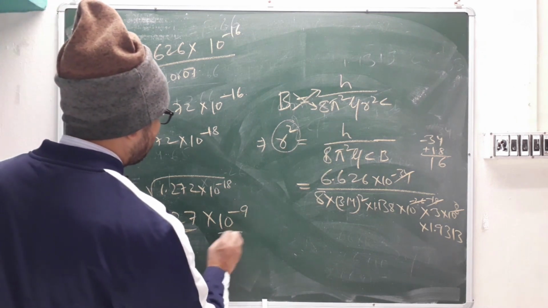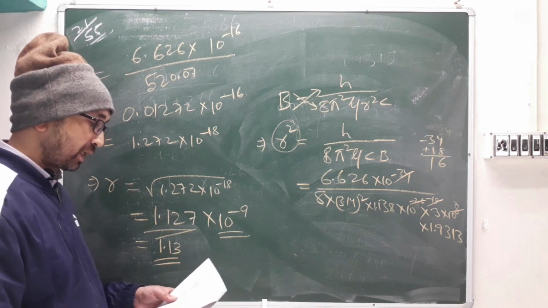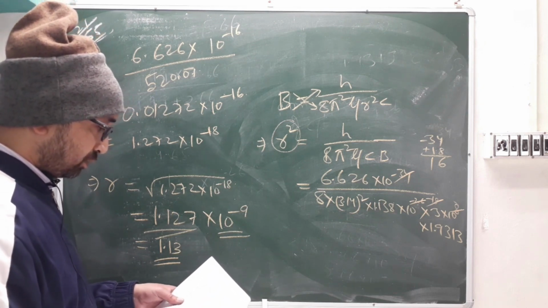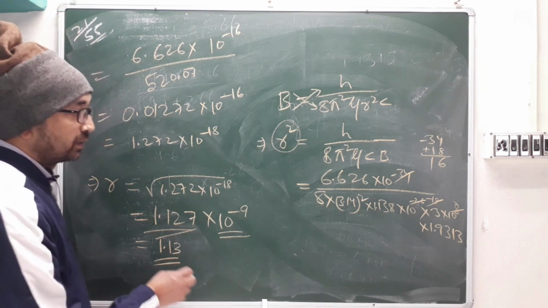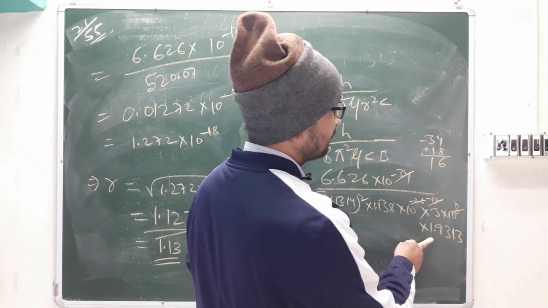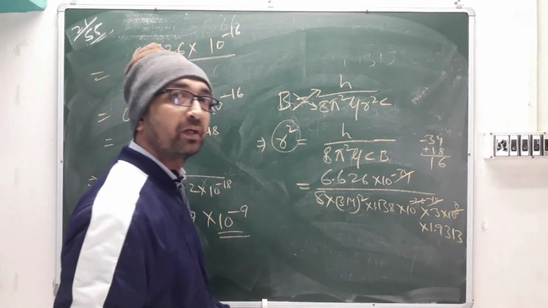So this 10 to the power minus 9 is coming as nanometer, but your value should be in angstrom, right? But somewhere there is some problem. Okay, 1.9313, this is in per centimeter, right? The B value was in per centimeter, we have to convert it to per meter, right?